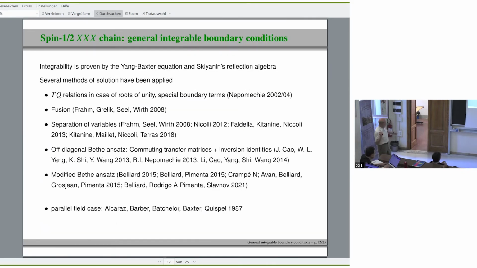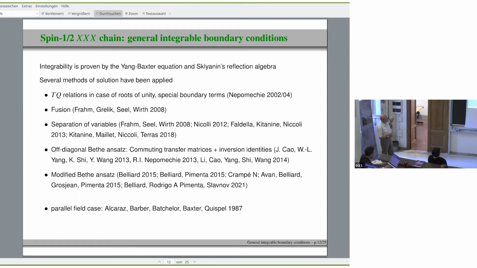Now, this is a slide which I should actually skip. But I want to point out that many people worked on this general integrable boundary condition: Nepomechie and collaborators, Nicoli, Faddeev, Kitanine, Maillet, and Terras, and the Chinese group. Well, I should be less discriminatory: Cao, Yang, Shi, Wang, and also others.